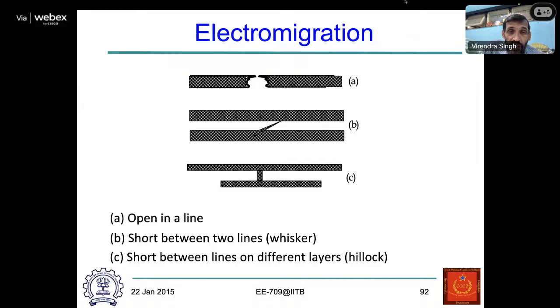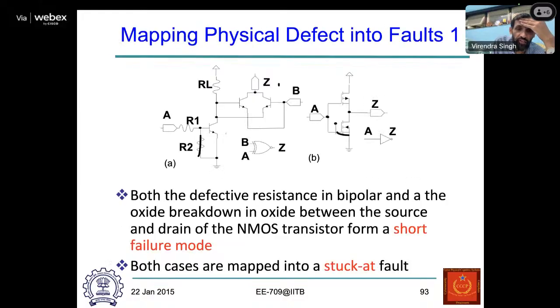For example, this can produce an open, because some metal has migrated from this particular place, and that migrated metal might have made a short between two lines. While you are manufacturing, perhaps two lines can be shorted by a small whisker, or two different layers can be shorted by a hillock.